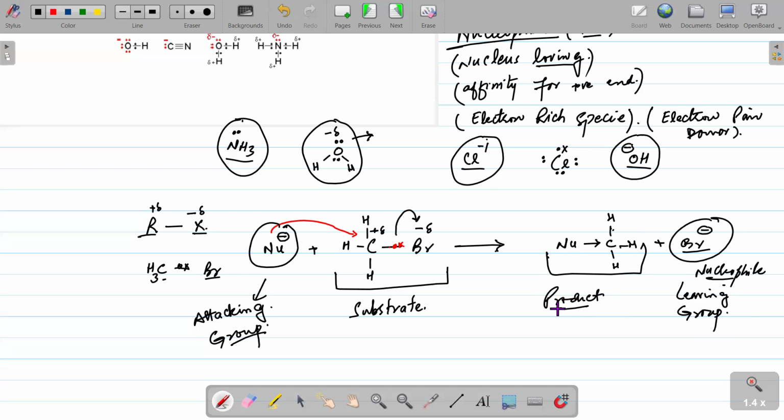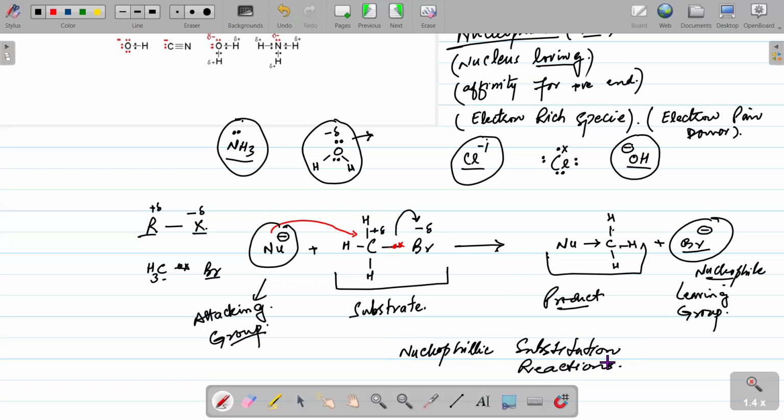In these reactions, one nucleophile substitutes another nucleophile. That's why these reactions are known as nucleophilic substitution reactions, right?